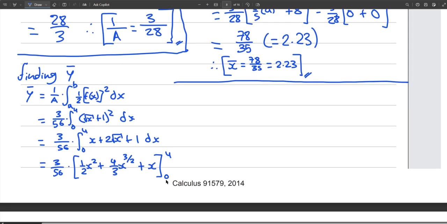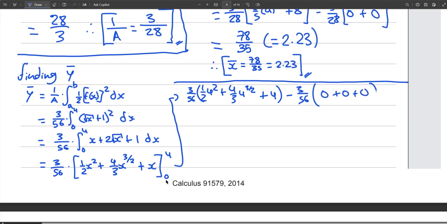So subbing the numbers in will give me 3 on 56 bracket 1/2 of 4 squared plus 4 on 3, 4 to the 3 on 2 plus 4, minus 3 on 56 bracket, this will go to 0, this will go to 0, and this will go to 0. So 0 plus 0 plus 0. Let's simplify it and tidy it up a bit.